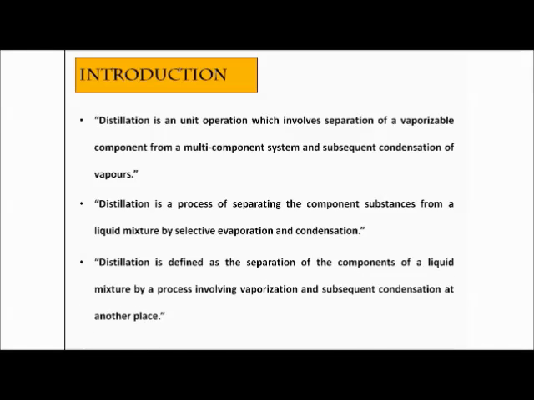And the third definition of distillation is that it is the separation of the components of a liquid mixture by a process involving vaporization and subsequent condensation at another place.